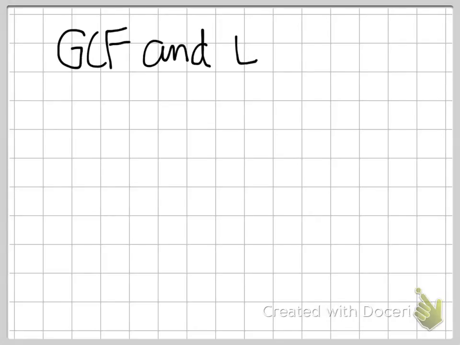The first one we're going to focus on is something called greatest common factor and least common multiple. Greatest common factor is the largest factor that is shared between two numbers, and least common multiple would be the smallest multiple shared between two numbers. A very simple example, let's look at 4 and 8.